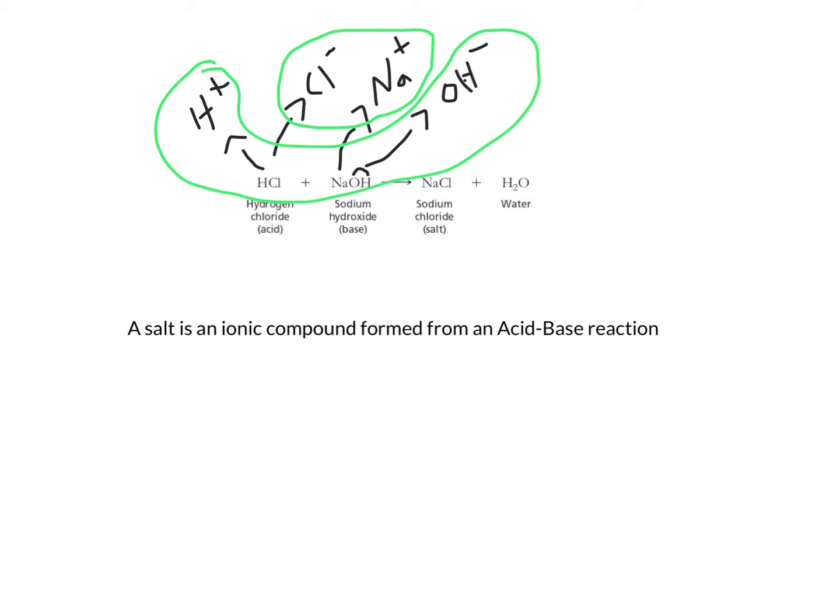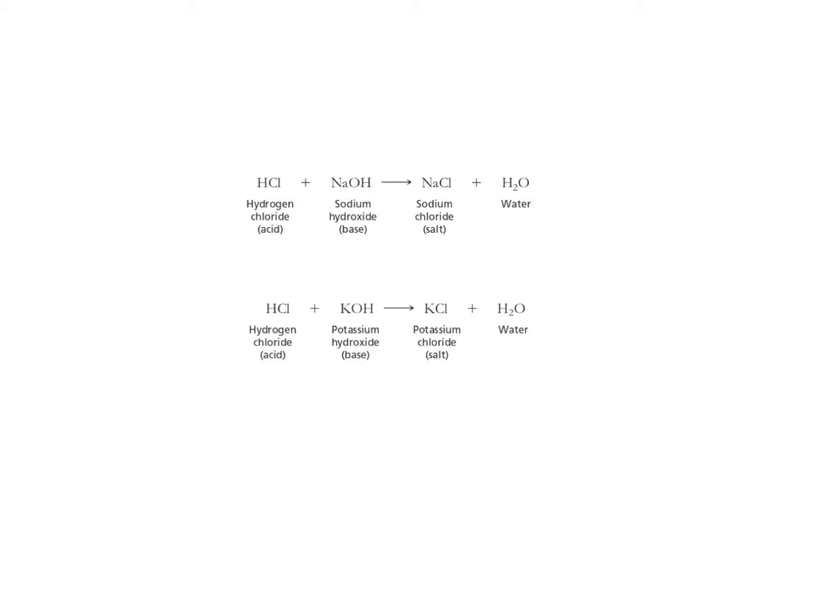And so we can say that a salt is an ionic compound formed from an acid-base reaction. So HCl is an acid, NaOH is a base. We combine an acid with a base, and we end up with a salt plus water or some other product. Now, of course, sodium chloride is the most famous salt.